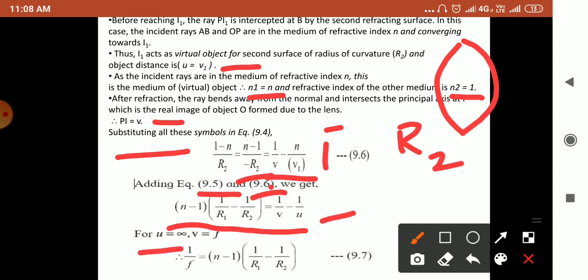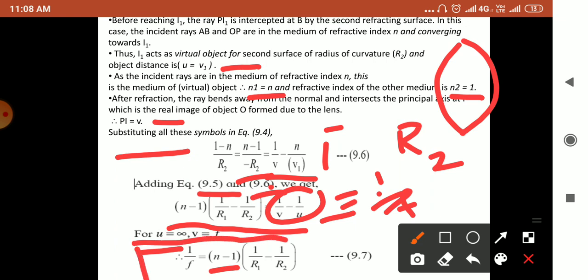Where u is equal to infinity, that is object at infinity from the convex surface, and v is equal to f, then this equation becomes, as we know, 1 upon f, nothing but 1 upon v minus 1 upon u. Then 1 upon f is equal to (n minus 1) into (1 upon r1 minus 1 upon r2). This is nothing but lens maker's equation.